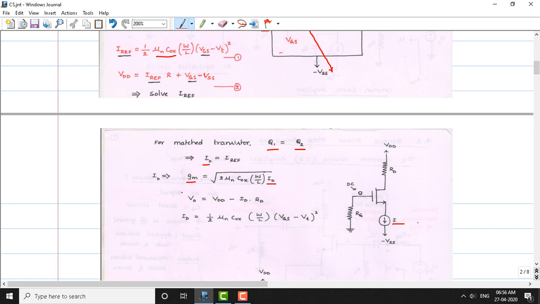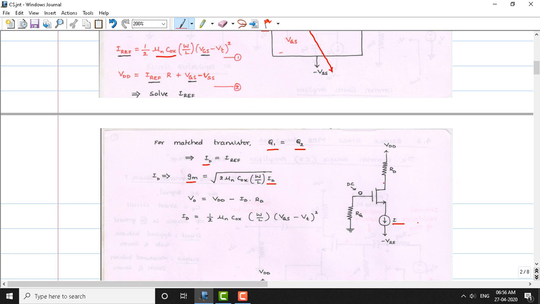Transconductance is like beta in the case of a bipolar junction transistor. The amount of amplification is decided by the transconductance, which in turn depends on the DC drain current of the transistor. The amount of current flowing here decides the transconductance.